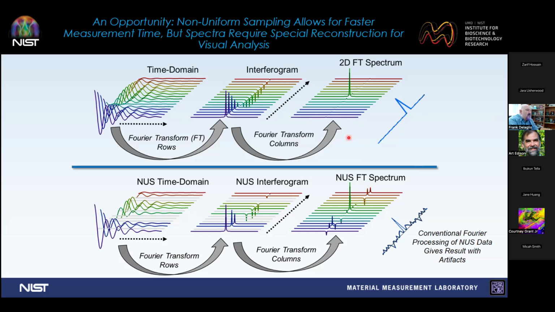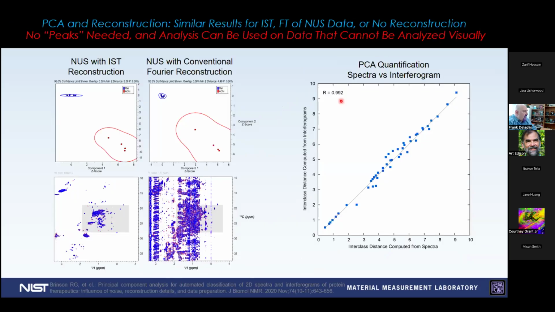So from the point of view of principal component analysis, the information in all three of these cases, time domain, interferogram, and 2D spectrum, are all the same. What that means is we can apply principal component analysis to a spectrum, but we can also apply it to an interferogram or some other form of data that can't be visually analyzed, like this case, which is the result of a non-uniform sampling measurement that's been Fourier transformed by conventional processing instead of the special reconstructions that we usually need.